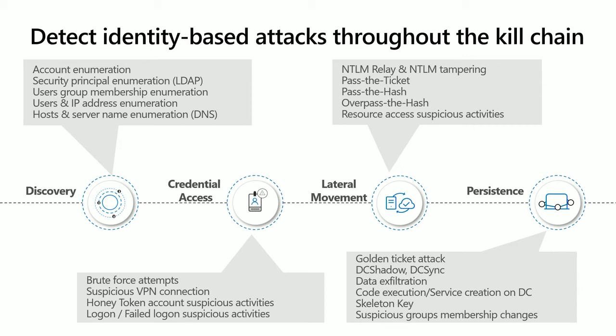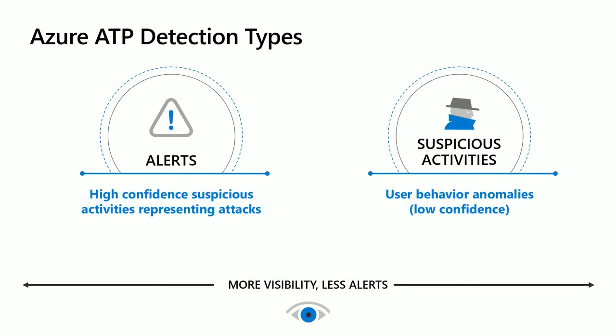Every time somebody is trying to map our network to understand who the users in the environment are and what groups they belong to and who is sensitive and who is less so, continuing with brute forcing and trying to get credential access, continuing with moving laterally from one computer to another, one user to another, until they actually gain persistence, which means that we have users with highly privileged rights or domain controller persistency, and then attackers can actually do whatever they want in your business. Azure ATP identifies activities in each and every one of those elements.